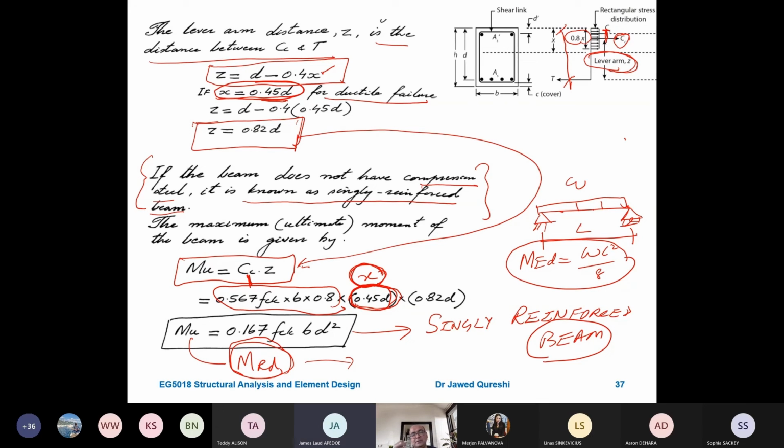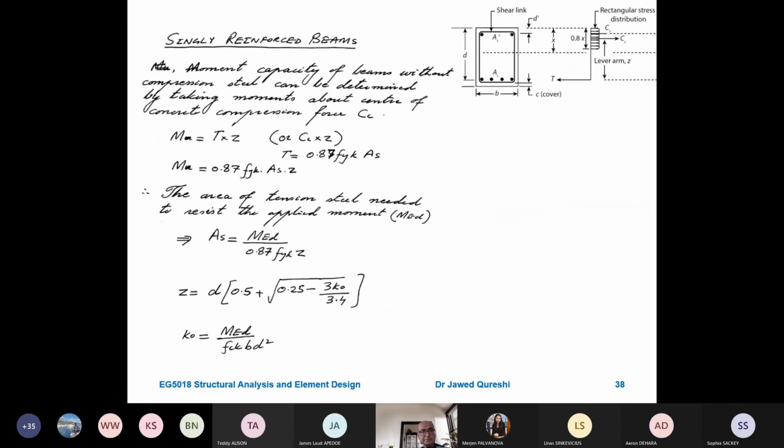So if tensile bars are too high, it's not going to be balanced by the compressive force. These two need to be balanced. What do you mean by balanced? It means that the force in tension and the force in compression have to be equal for it to be in equilibrium.